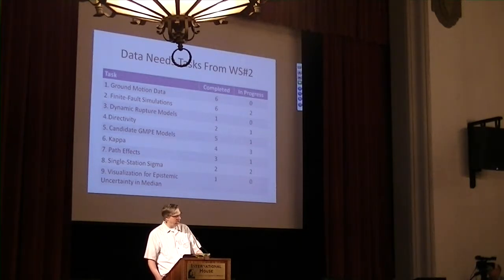That data are now publicly available on the PEER website, so you can get all that. Finite fault simulations have been done using the broadband platform at SCEC, and we've been working with them over the past few years on that. There are 2 tasks still in progress on the ground simulations, and I'll go through the details on each one of these in a bit.